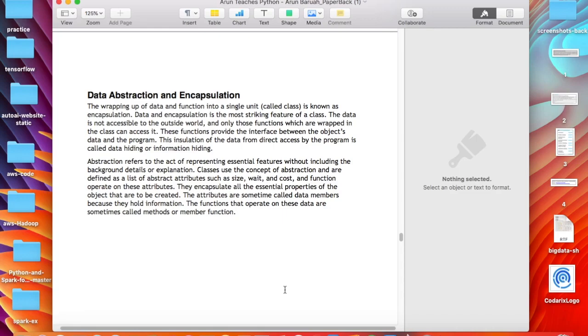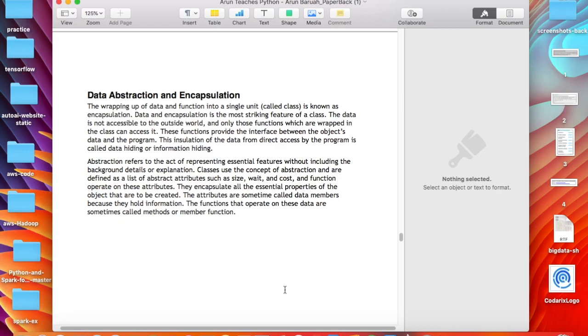Now, abstraction refers to the act of representing essential features without including the background details or explanation.